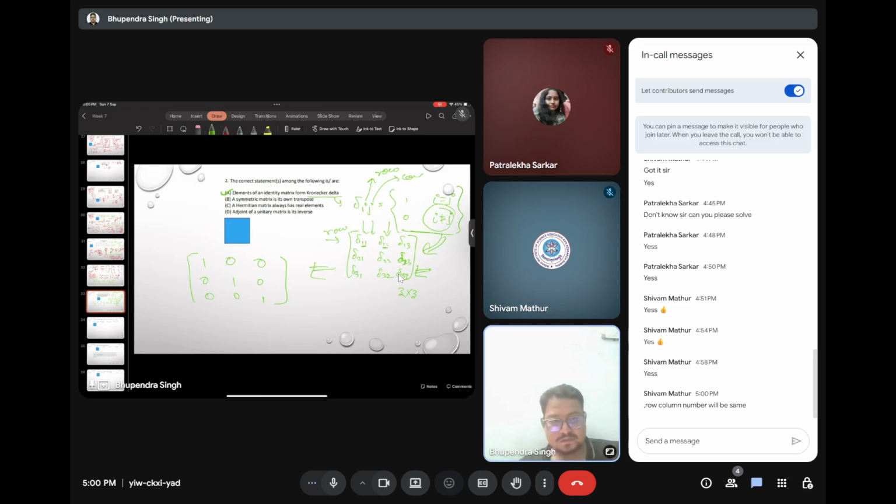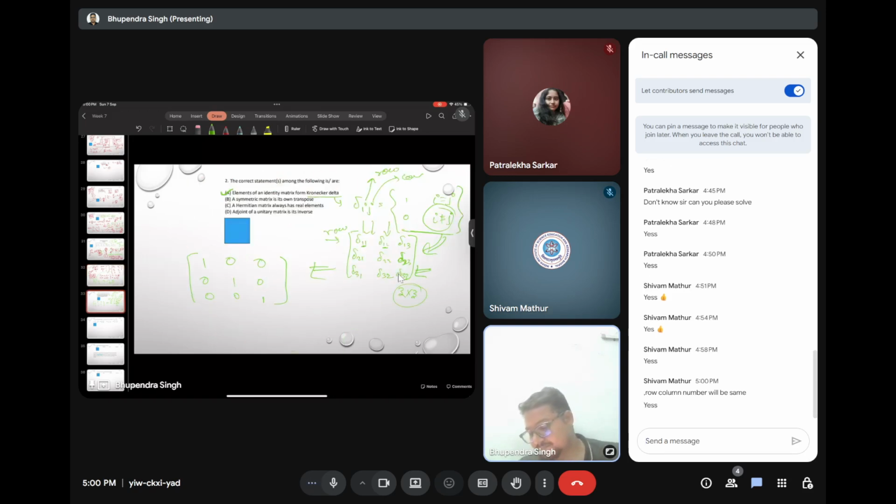No, that is, row and column number will be the same. Like this 3 by 3 you are seeing. This is a square matrix. Let's say this is x, y, z. This is 3 by 1.